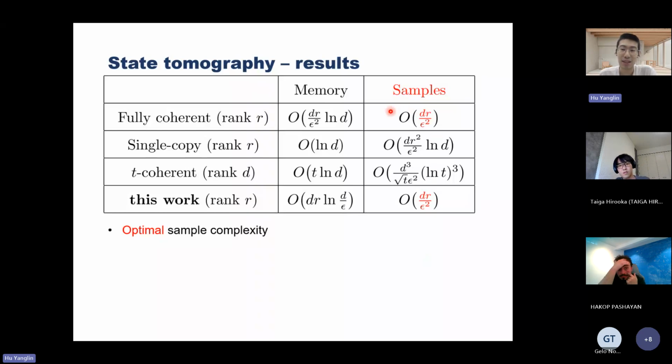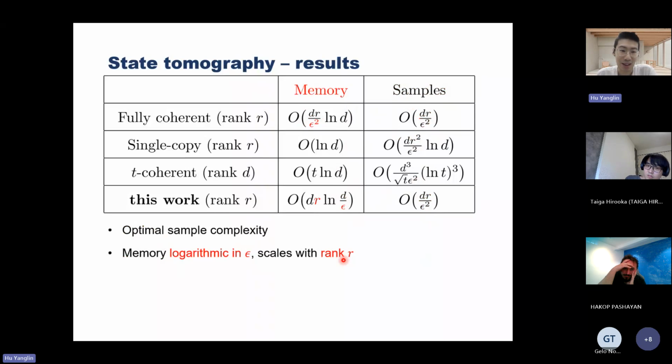You see that we maintain the sample optimal, where we get an exponential memory complexity saving with respect to epsilon. Originally the memory complexity is 1 over epsilon squared, and now we can put the epsilon into the logarithm.